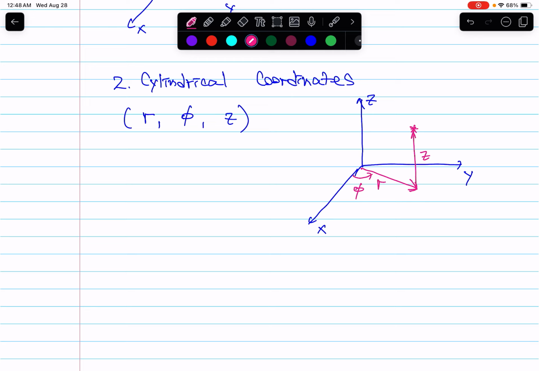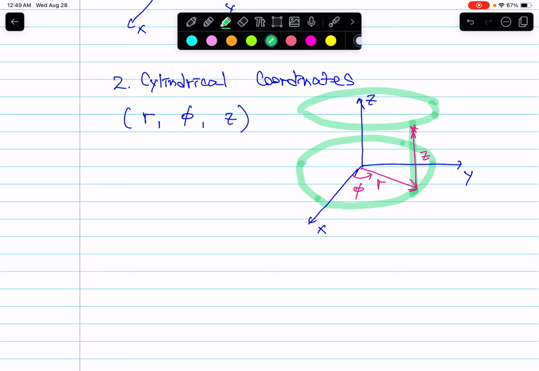But overall, it's a cylindrical coordinates because if you spin this around, it'll be a cylindrical shape. Okay, like this. That's why it's called the cylindrical system, cylindrical coordinates.